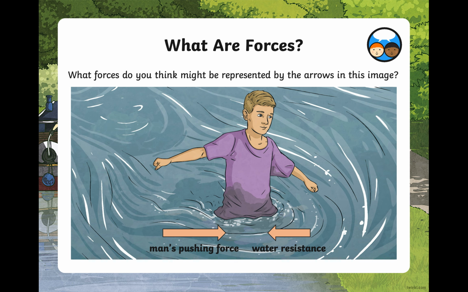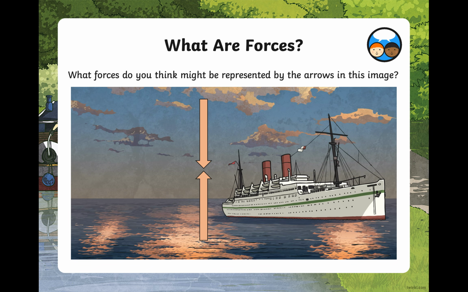Okay, so water resistance is another type. Like we have air resistance, we also have water resistance, which is also in the opposite direction of the moving object in the water. So imagine a ship basically floating in the water. There are two forces actually acting on that boat or the ship.